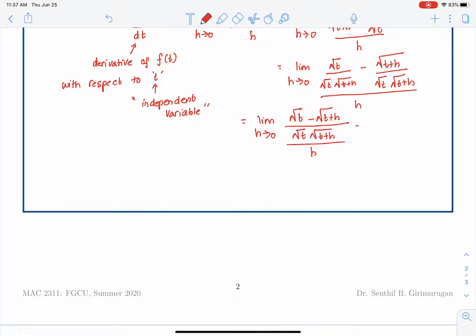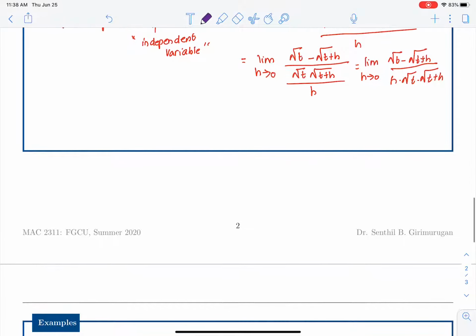Now if we flip and multiply, we end up having square root of t minus square root of t plus h divided by h times square root of t times square root of t plus h. And you can't simply apply the limit here, because if we did, we're going to get 0 over 0. And this is where rationalizing the numerator comes into play.